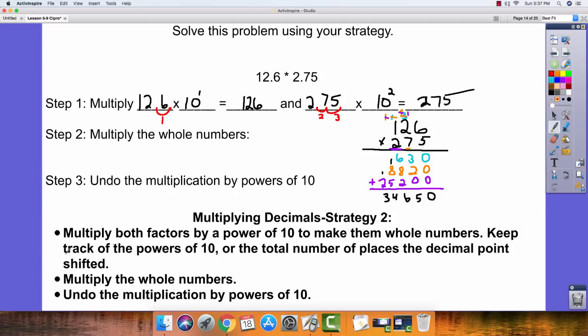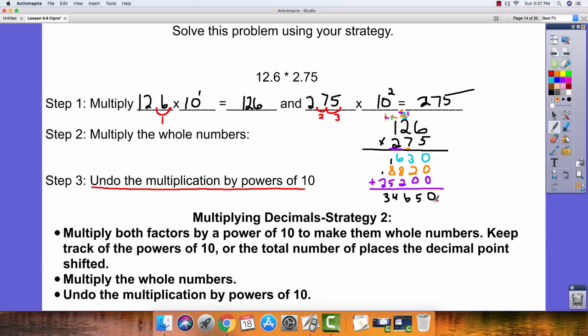But I can't forget step 3. Undo the multiplication by powers of 10. So this is where my decimal point would be after multiplying my whole numbers here. But I gotta remember, I multiplied 12 and 6 tenths times 10 to the first power, and I multiplied 2 and 75 hundredths times 10 to the second power. So I moved 1 place to the right here and 2 places to the right here for a total of 3 places to the right.